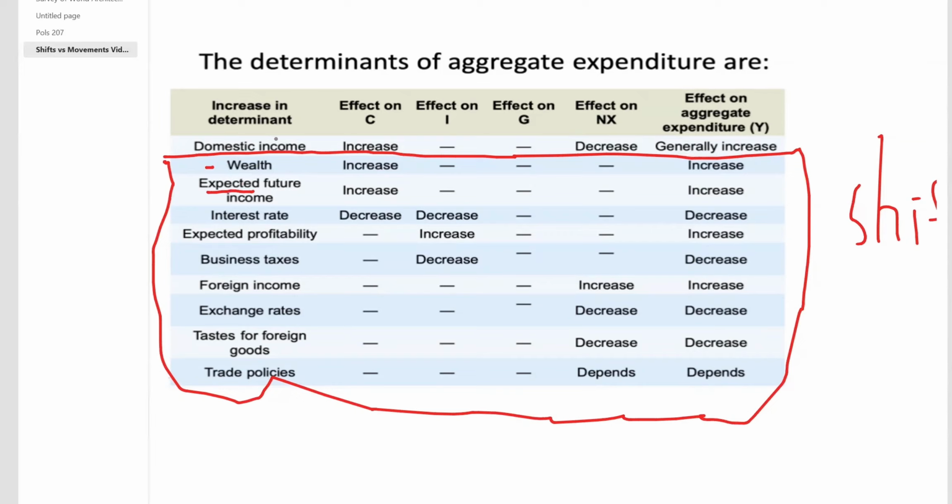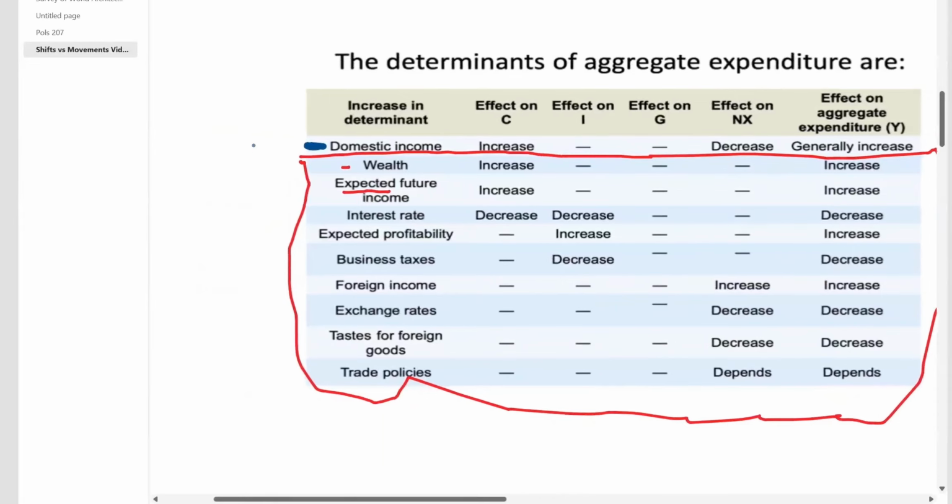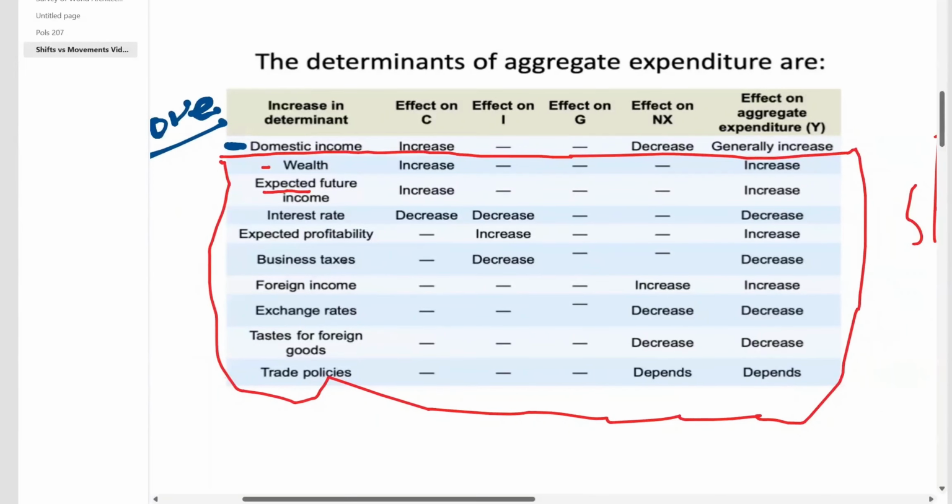If your current income increases, like up here, let me change the color, go blue, right here, that's the only thing that causes movement. Everything else on here causes a shift.